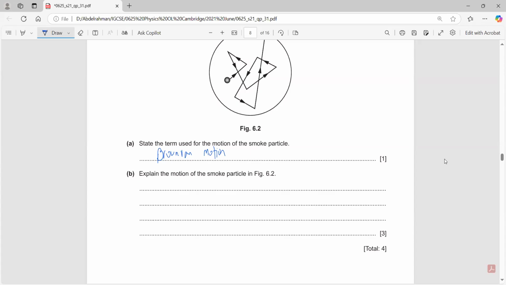I gave you part of the answer. You have to say that these smoke particles are hit by air molecules.